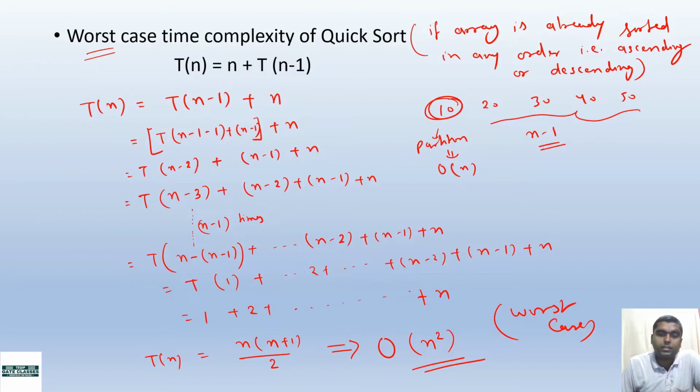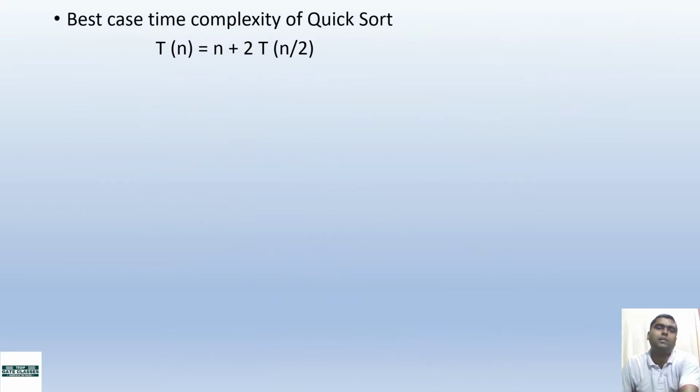This algorithm will give its worst case time when the given array is already in sorted order, whether in ascending order or descending order. But this may not be the case in all practical situations. Let us first analyze best case time complexity.